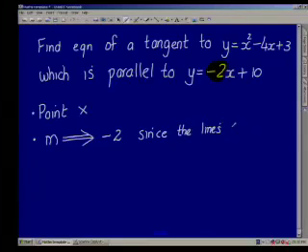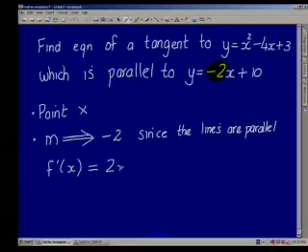All right? So I hope that you're thinking, what can I do now? Well, remember, gradient is always derivative, and if I have a look at my function given, my derivative would be 2x minus 4.